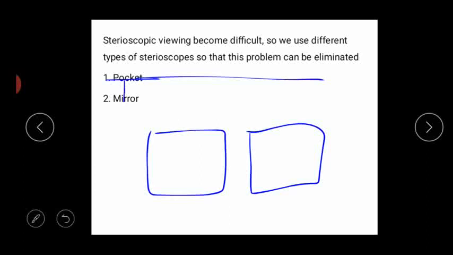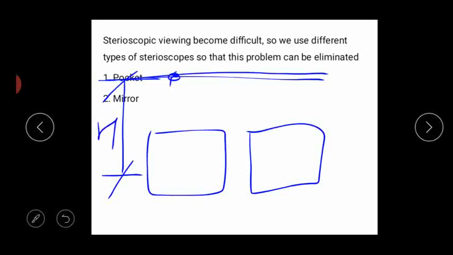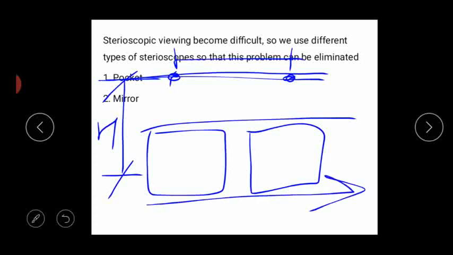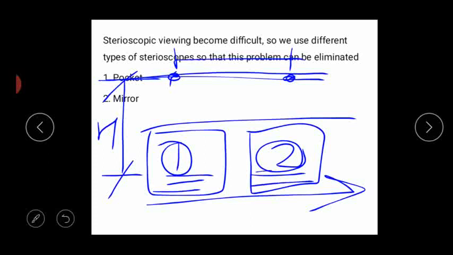So the images we get should be taken from the same height from the ground, that is, the flight height should be h itself. The exposure stations should have a particular distance, and they should have the same orientation. If this is the first photograph taken, this is the second photograph taken, and there are n number of photographs taken further, we arrange it in such a way that first and second are arranged together, and not first, third, or second, fourth, like this.